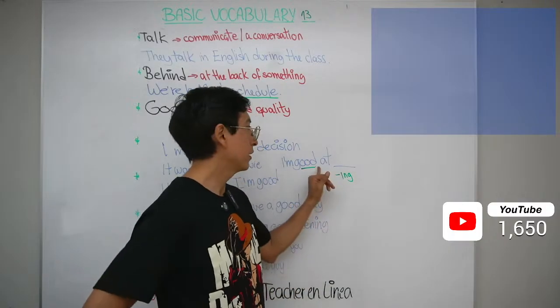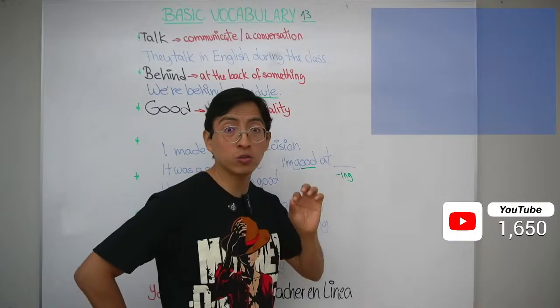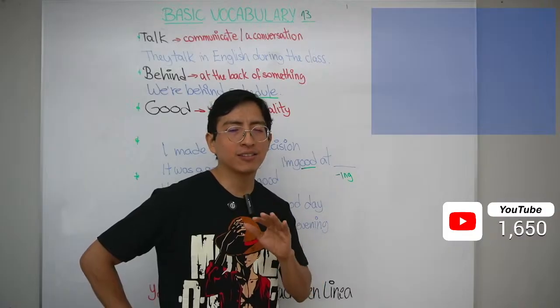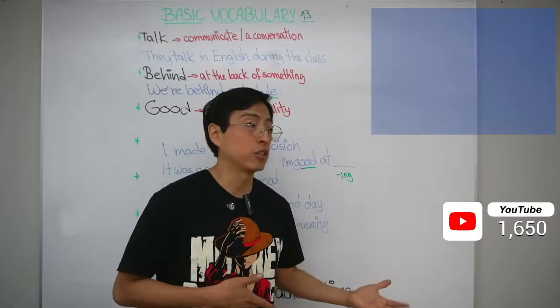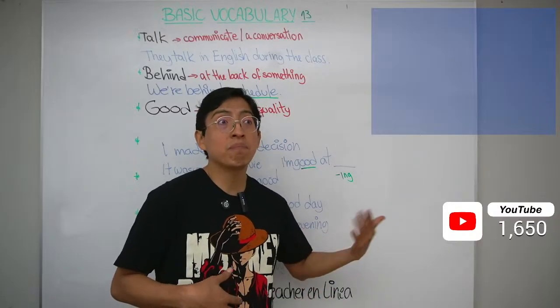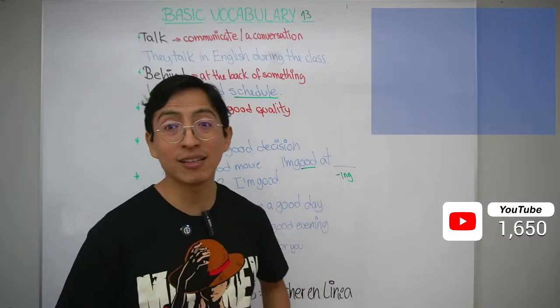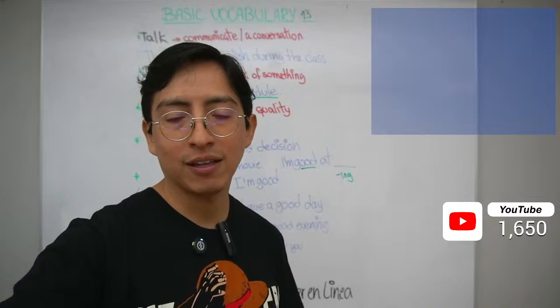But remember, the word that you should use here is at. Okay. Don't use in. I've heard that sentence a lot. Teacher, I'm good in English. No. I'm good in mathematics. No. Okay. The correct expression is I'm good at.